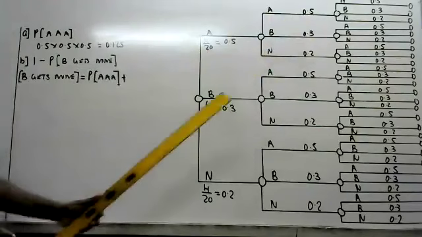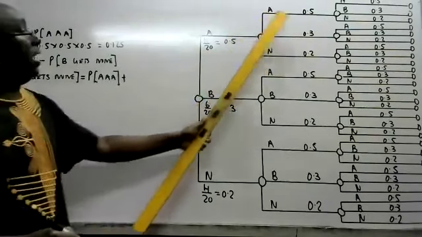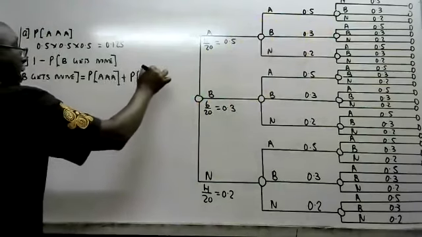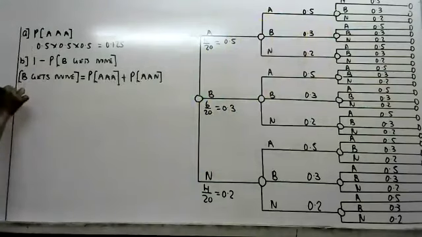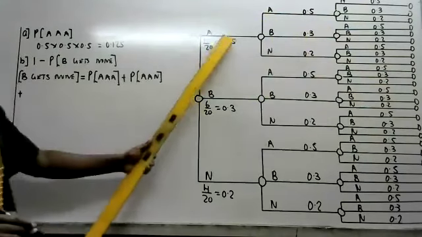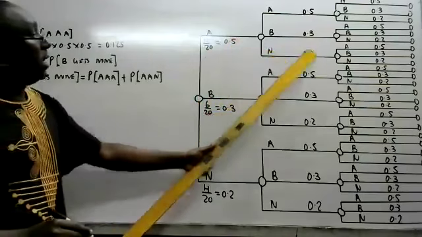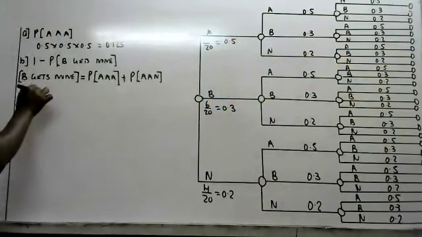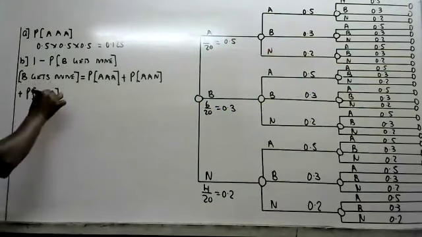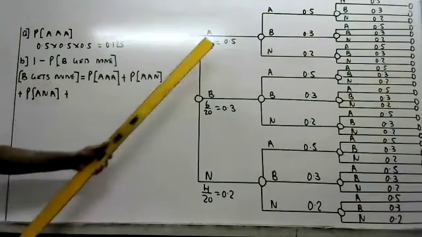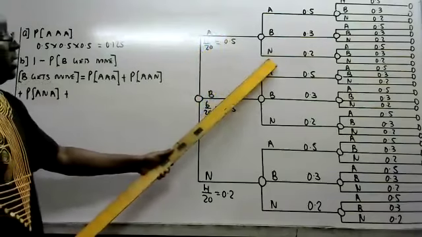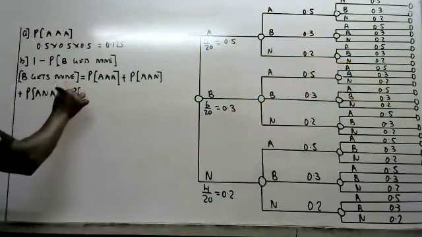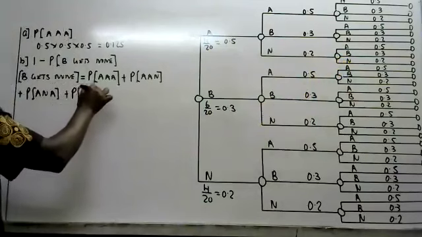The next place you don't have B is AAN, so probability of AAN. The next place is ANA, there is no B, probability of ANA. The next one is ANN, because here there is no B, so probability of ANN.